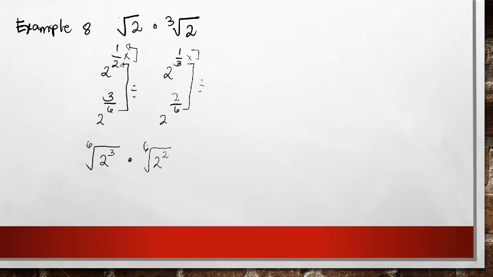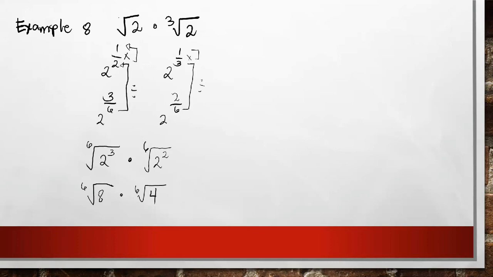Now, let's simplify. Since the exponent is lower than the index, we simplify our radicand first. And it becomes 6th root of 2 cubed, which is 8, times 6th root of 2 squared, which is 4.